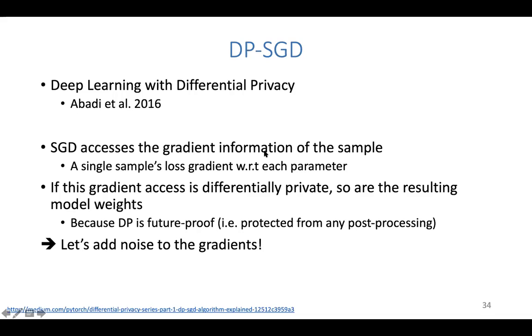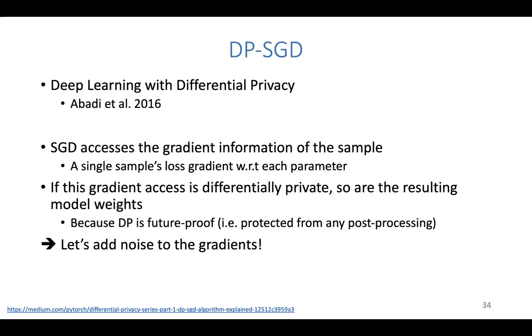So SGD accessing gradient information is the same as accessing a single sample's loss gradient with respect to each parameter. And if this gradient access, meaning that the SGD algorithm uses the gradient of a single sample, is differentially private, so are the resulting model weights because of the future proof theorem. There were 4 properties of DP, right?